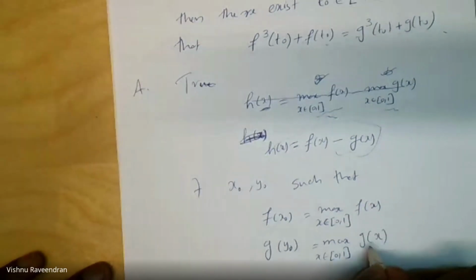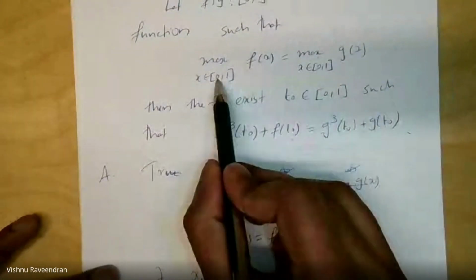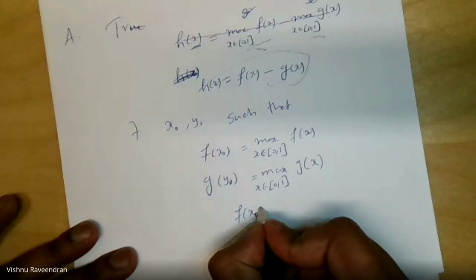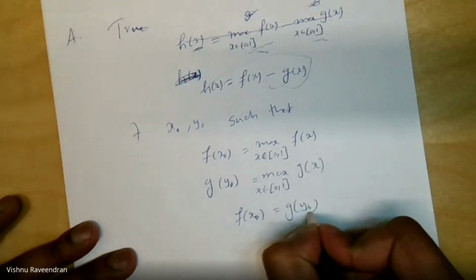And also, since it's given that the maximums are equal, f of x naught equals g of y naught, right?